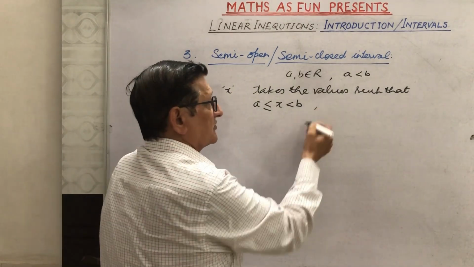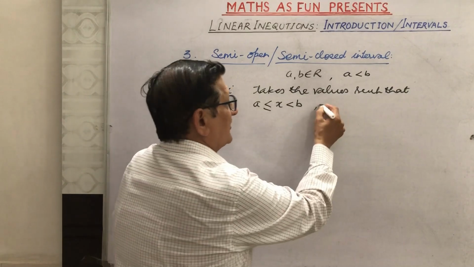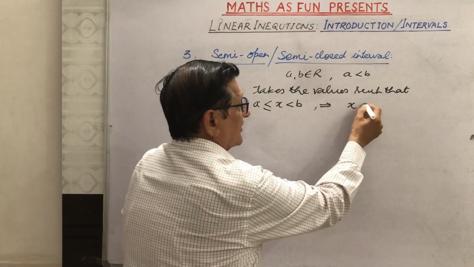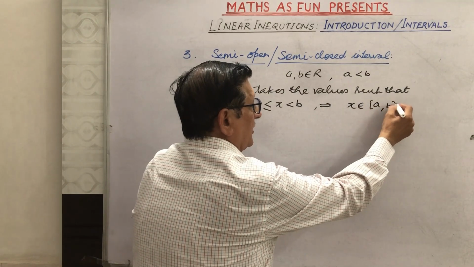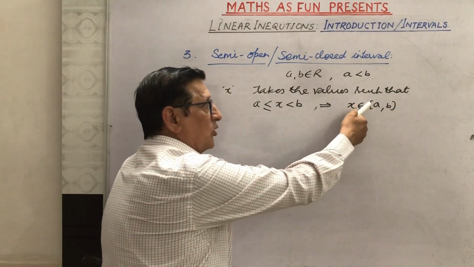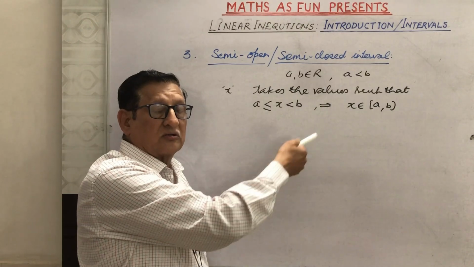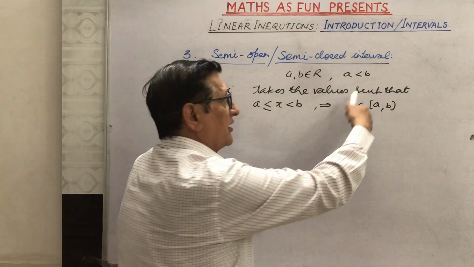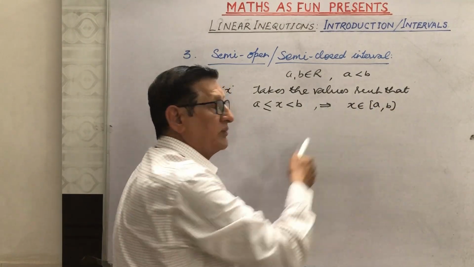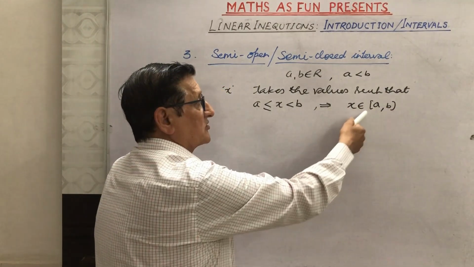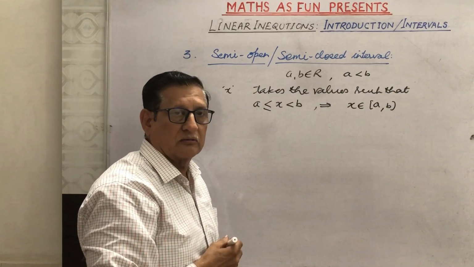If we represent it as the interval, then we can represent it as x belongs to [a, b), means a side it is closed. It is closed on the left side and on the right it is open. So the right side is shown by the circular bracket and the left side is shown with the square bracket.